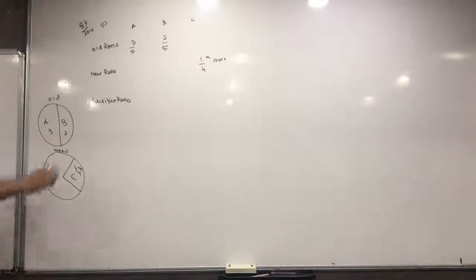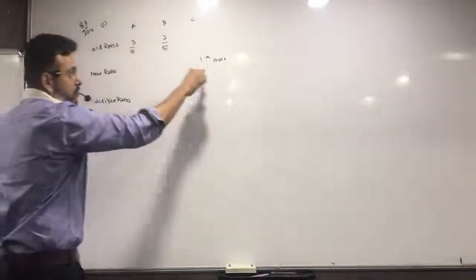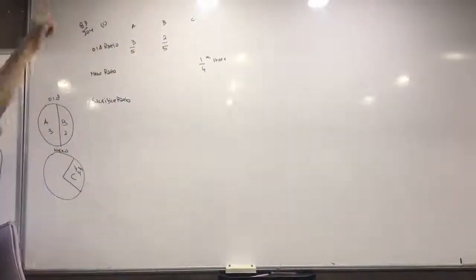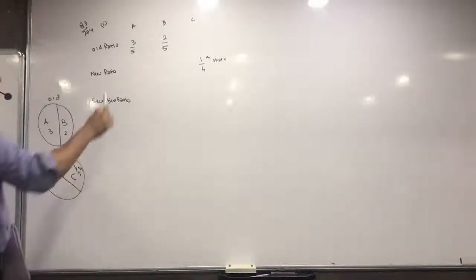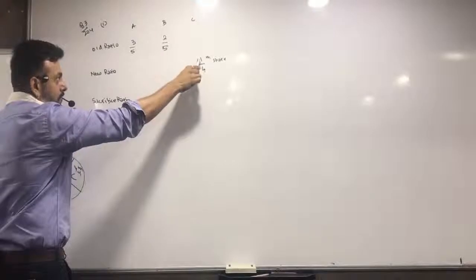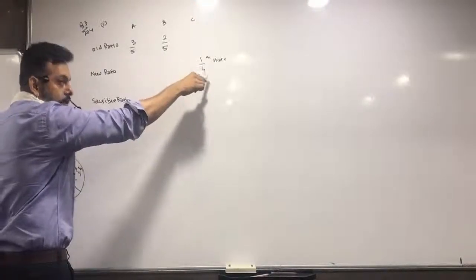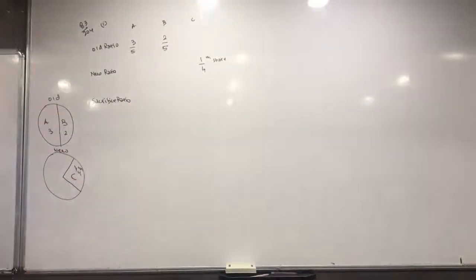Now how do we find out the new ratio and the sacrifice ratio? Will the new ratio be 3:2:1? Can we take 3:2:1? No, because if we take 3:2:1 it will be 1/6, but here it is 1/4. Sacrifice ratio तो पता ही नहीं है.